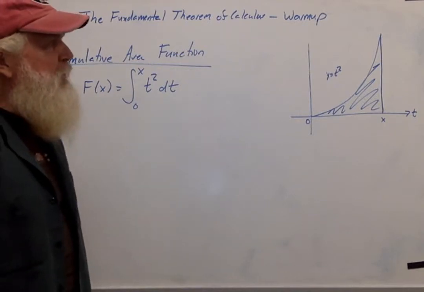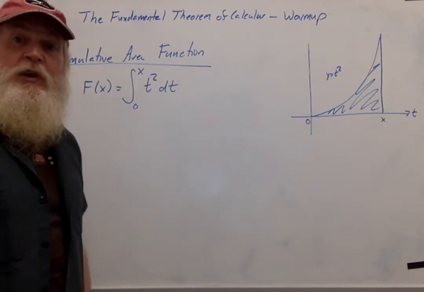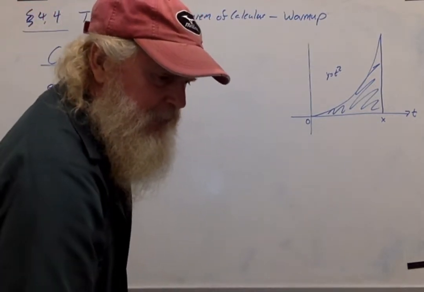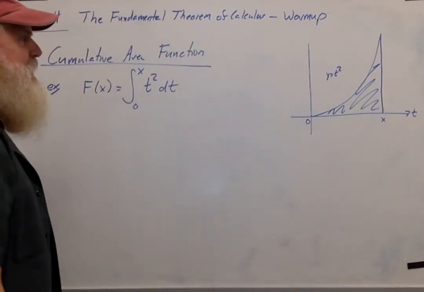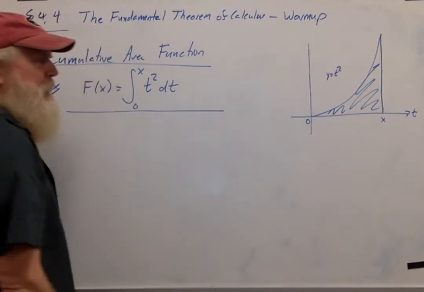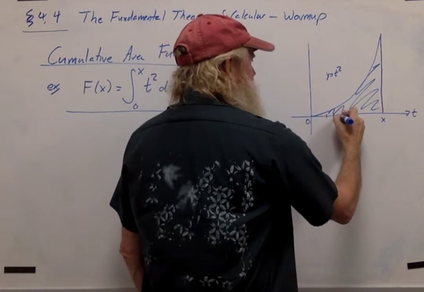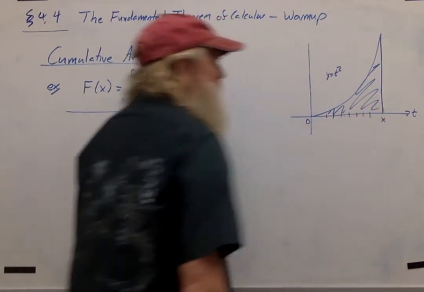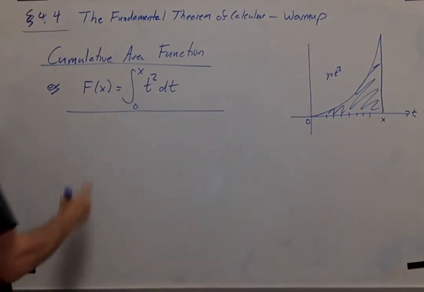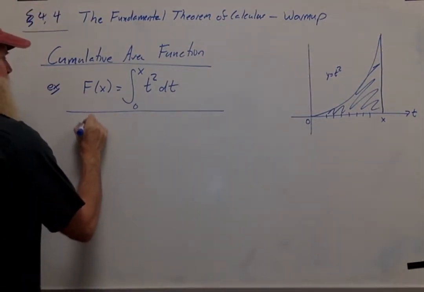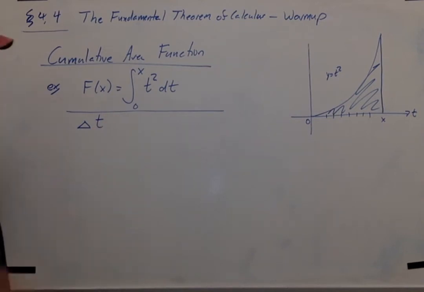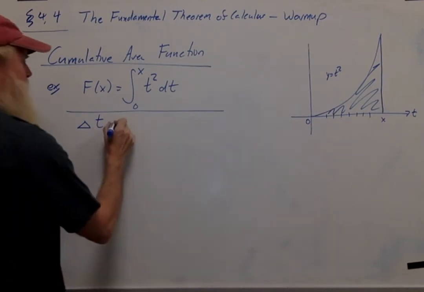Now, since this isn't a familiar geometric shape, we're going to have to use Riemann sums. So let's figure out Riemann sums, making sure that we're using t's in the appropriate places. So for example, when we break this up into n equal rectangles, or n rectangles of equal width, then the width of each rectangle I'll be writing as delta t, since I'm using the t-axis here.